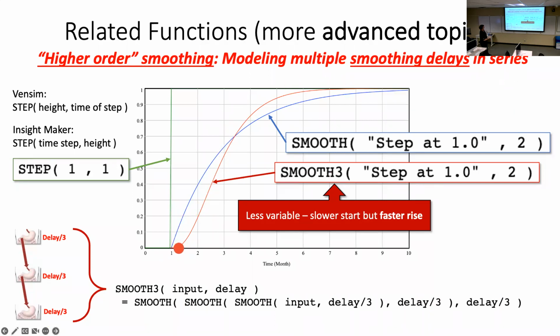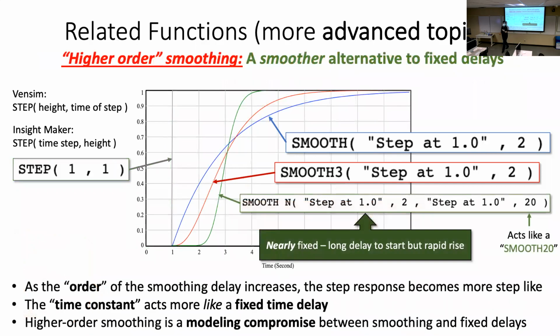Notice that it doesn't start quite as fast as the blue curve, but then it speeds up and overtakes the blue curve. So it becomes a little bit more like a fixed delay where it's slow and then it rises quicker. I can go even farther with, in Vensim, it's called smooth in, and you can actually put whatever the in you want here.